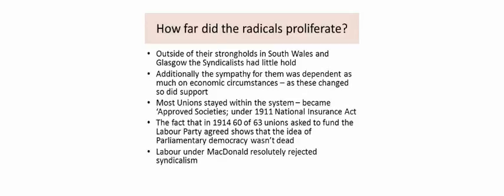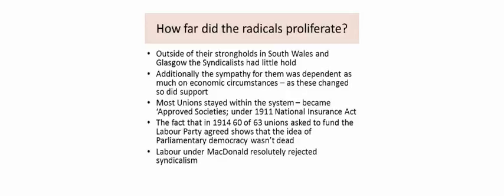And in fact, in 1914, 60 of the 63 unions asked to fund the Labour Party agreed to fund it, which shows that clearly the unions were supportive of the idea that parliamentary democracy was the way forward. If they believed that parliamentary democracy was dead and that the only way forward was revolution, why would they pay money for the Labour Party?